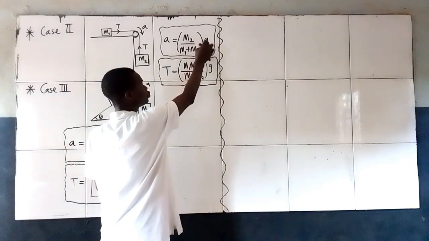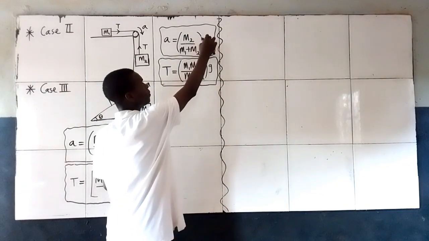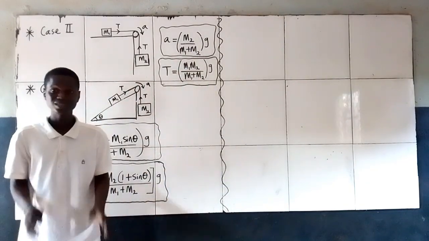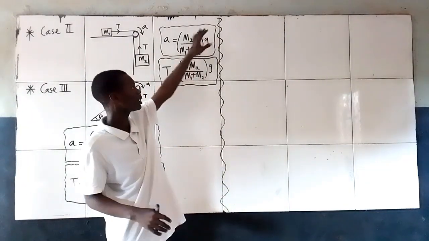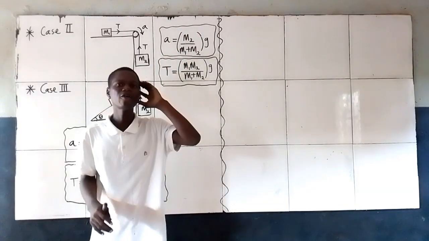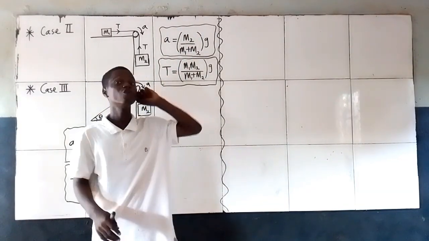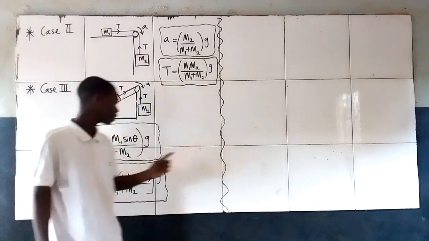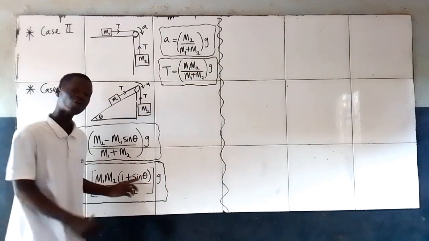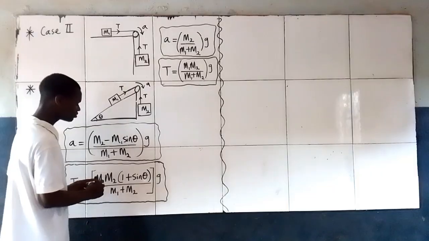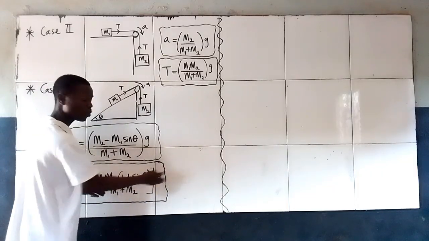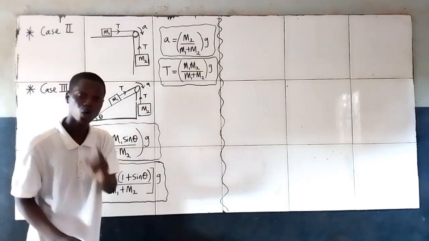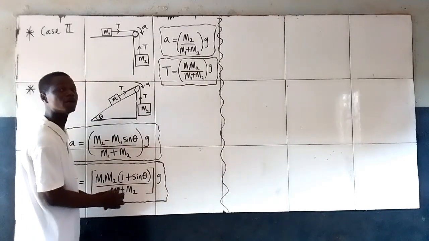This is M2g minus F_R over M1 plus M2. You just subtract the frictional force from the numerator. I repeat, subtract the frictional force from the numerator and divide by what you have as the denominator. After I have multiplied all this with g to form one single numerator, I will subtract the frictional force before I divide by M1 plus M2.